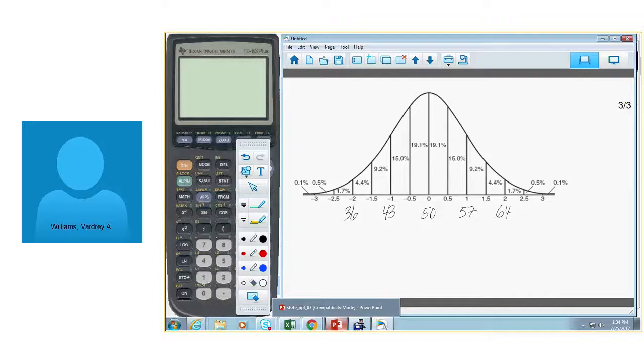87th percentile. So first of all, we know this is 34, and this is 34 right here. And this is 13.5, and this is 2.5.